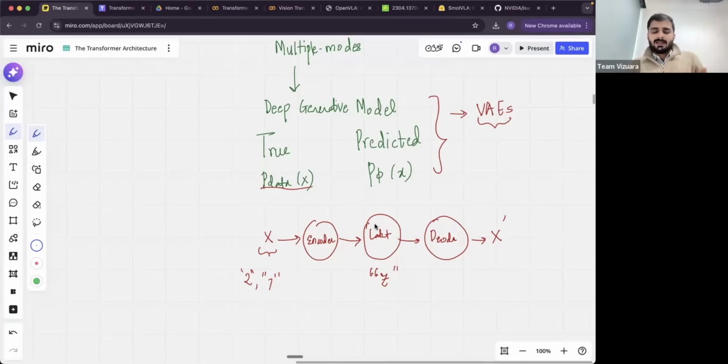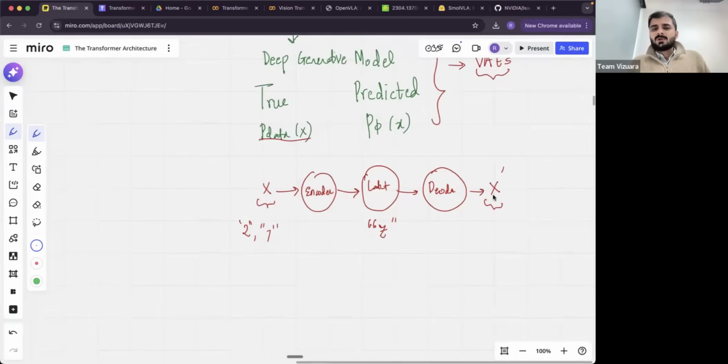Like, let's say someone tells me my handwriting is slanted and it's not very neat, and maybe I apply this much pressure. Given all the factors, I can pinpoint that this is Rajat's handwriting. So this is what the decoder does. The decoder takes these factors as the input and predicts the entire image as the output.